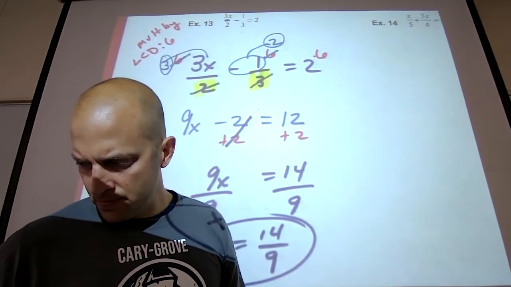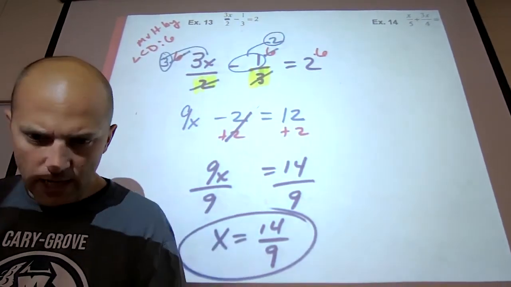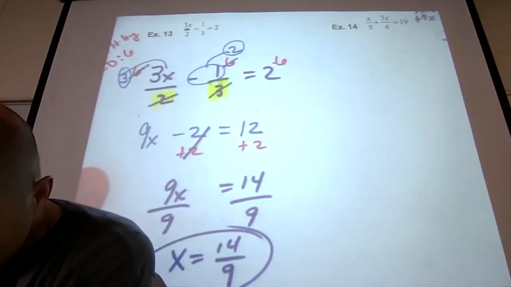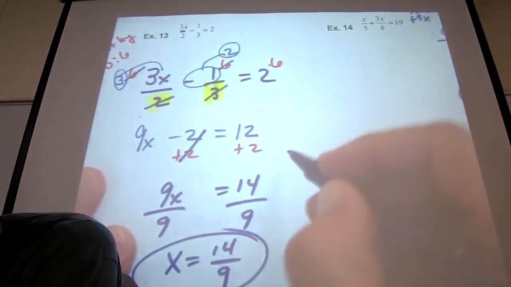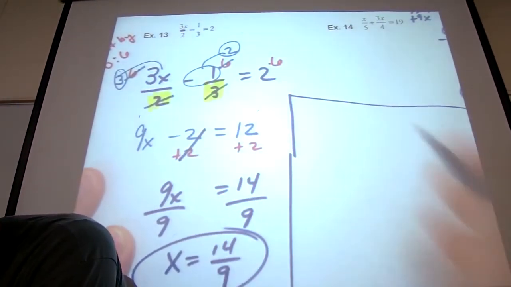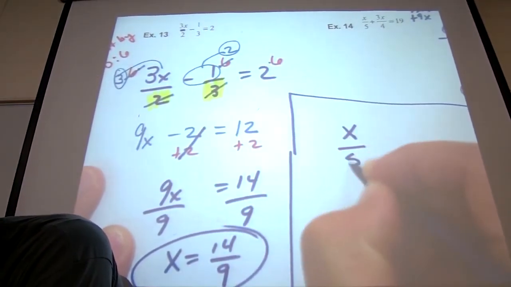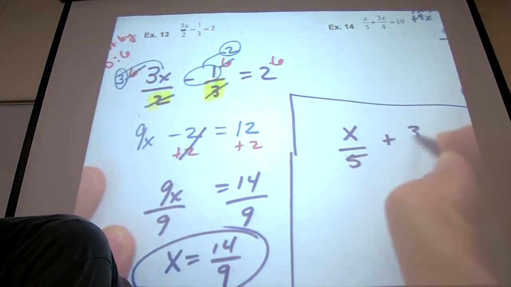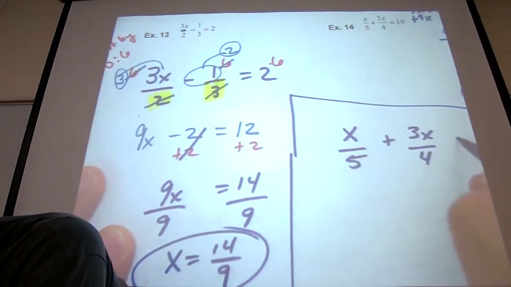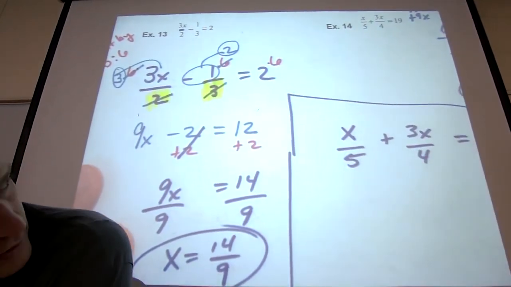Okay? All right, I want to give you guys one more fraction one. So I'm going to rewrite example 14 on my notes here. I got x over 5 plus 3x over 4 equals 19.